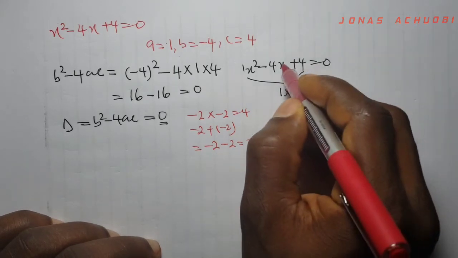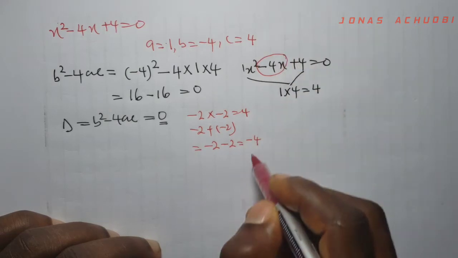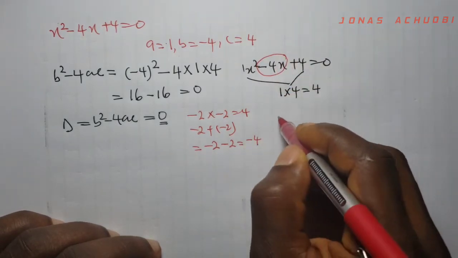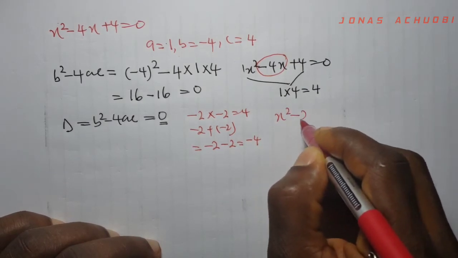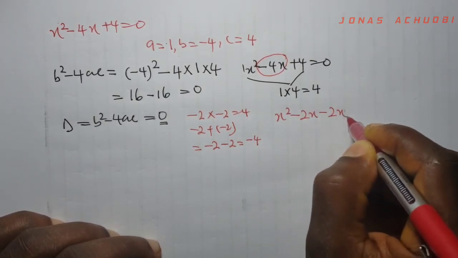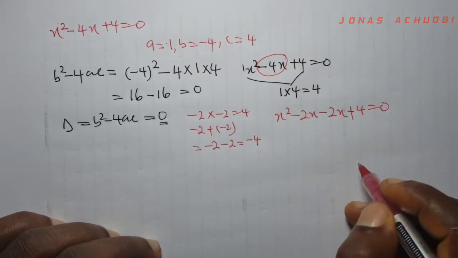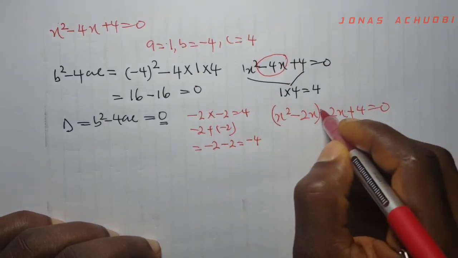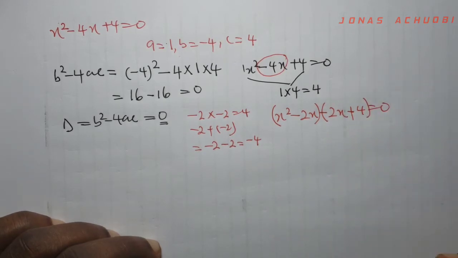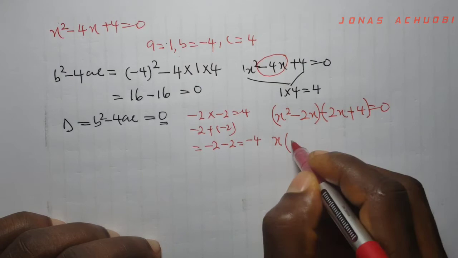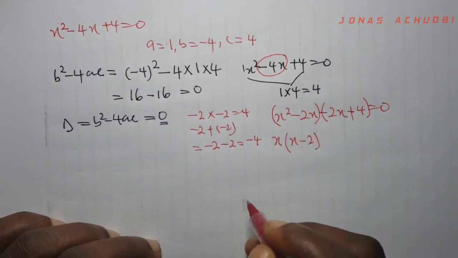The next step is to replace the middle term minus 4x with our new terms, minus 2x and minus 2x. So this becomes x squared minus 2x minus 2x plus 4 equal to 0. Again, we pair the terms and factorize. In the first bracket, we factorize x, and we have x minus 2 left.